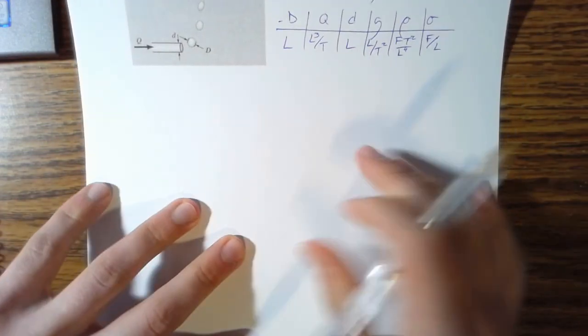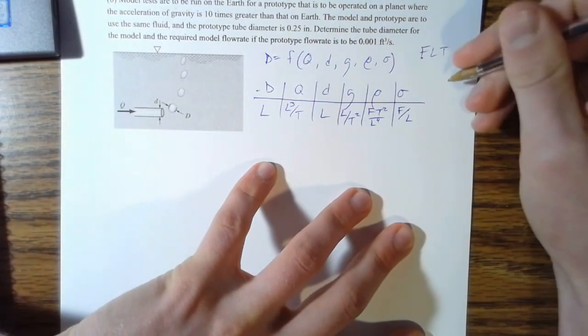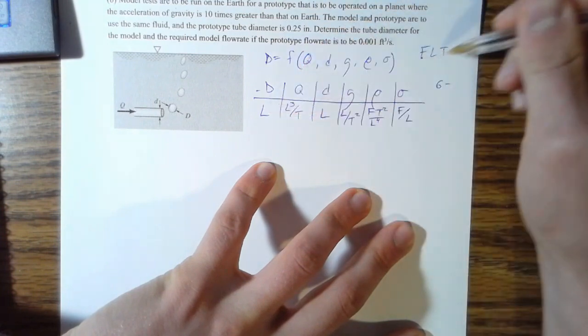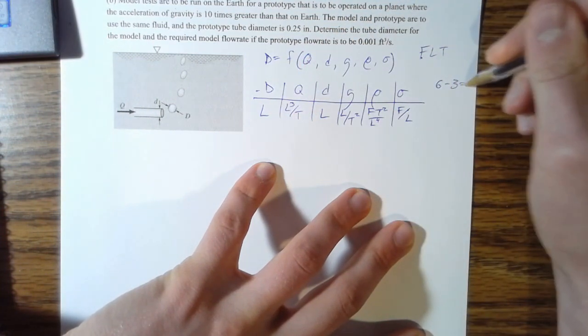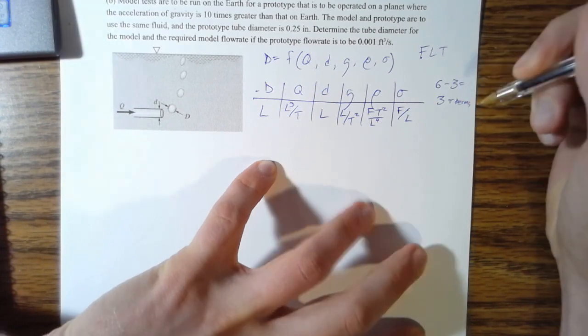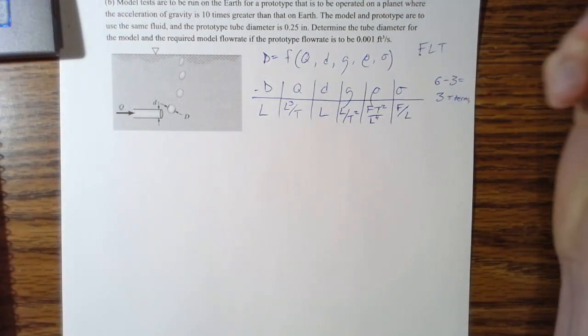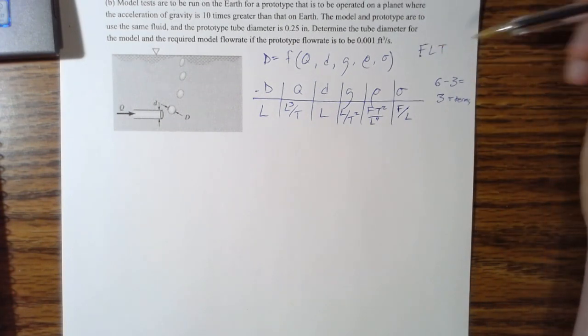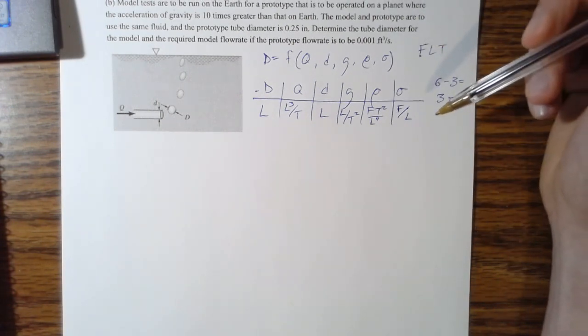So now we have 6 variables, and there are 3 reference dimensions that we're using. So we need 3 pi terms in this problem. Then we have to pick repeating variables, which represent each of our reference dimensions.